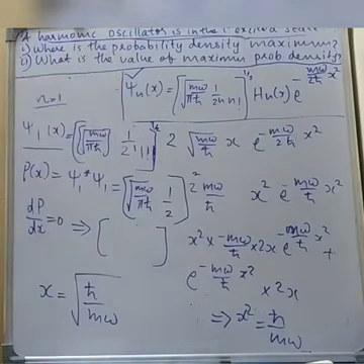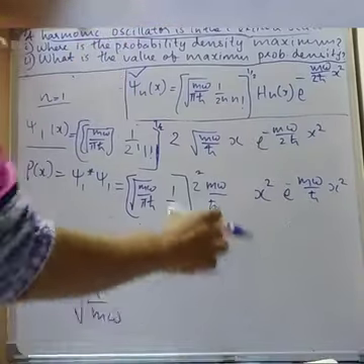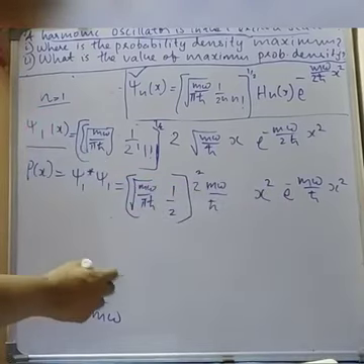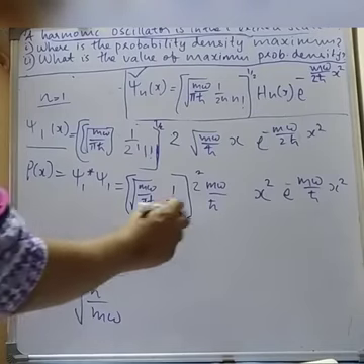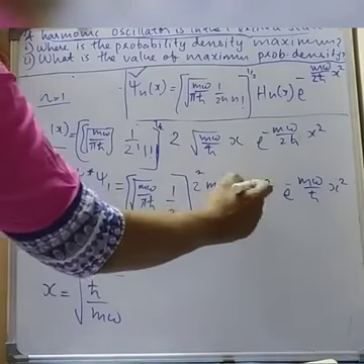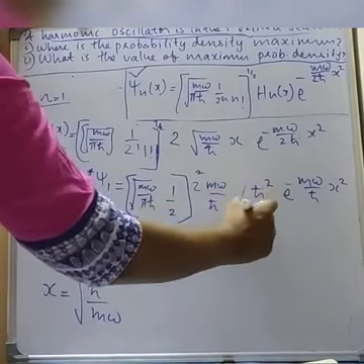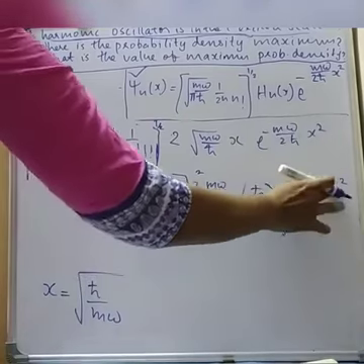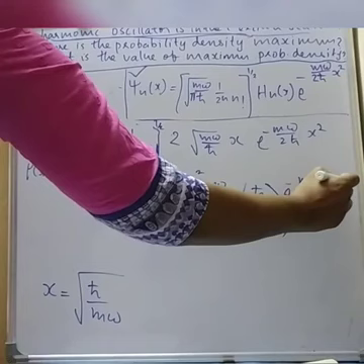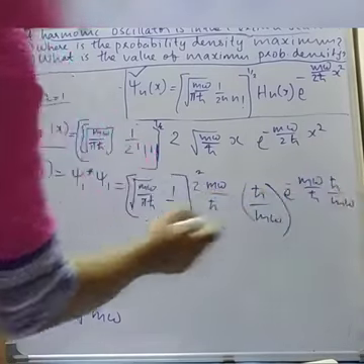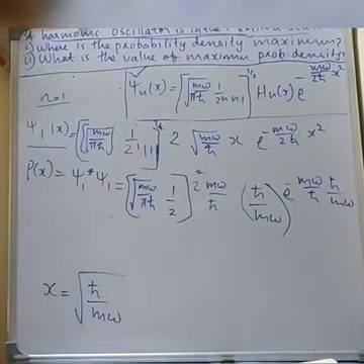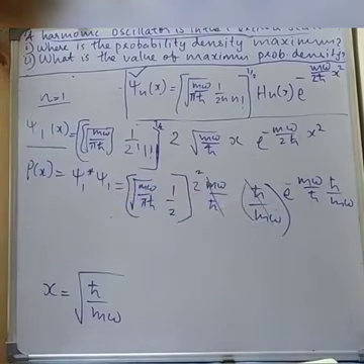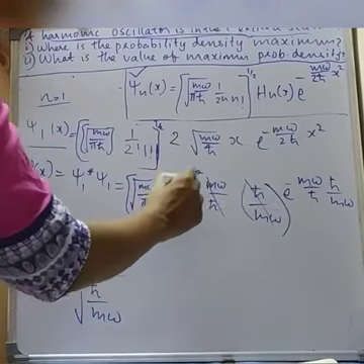So let us apply it. For all the x square, we have to give h cut by m omega. So here we have h cut by m omega, here also h cut by m omega. These two terms will be cancelled, the 1 and 2 will be cancelled.